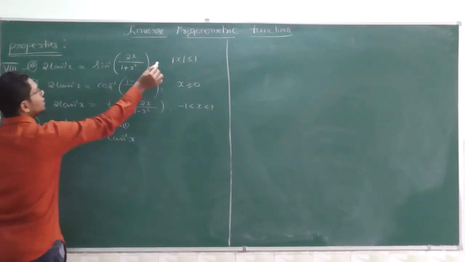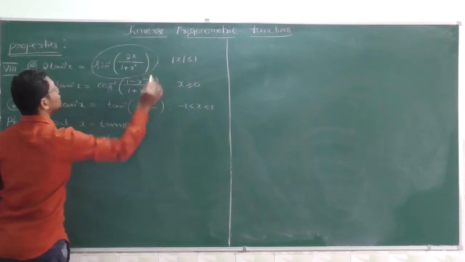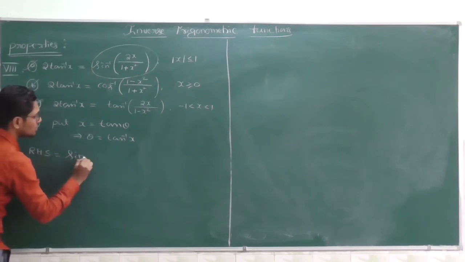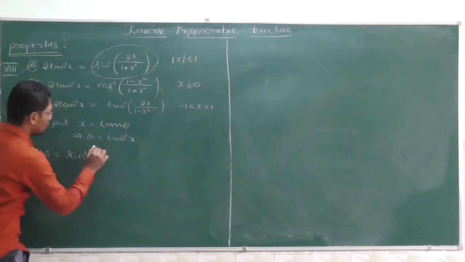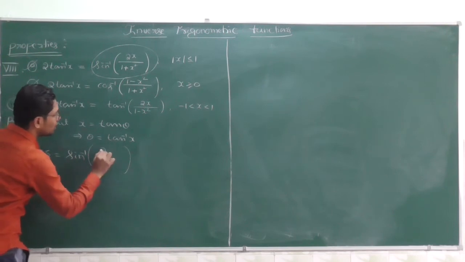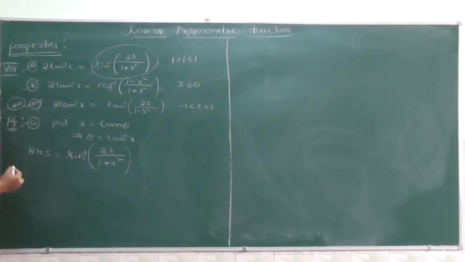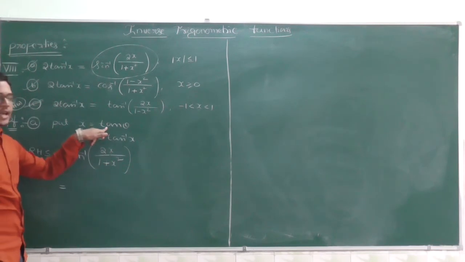Now take the RHS of this property. RHS equals sin inverse of 2x divided by 1 plus x square. Now replace x with tan theta.